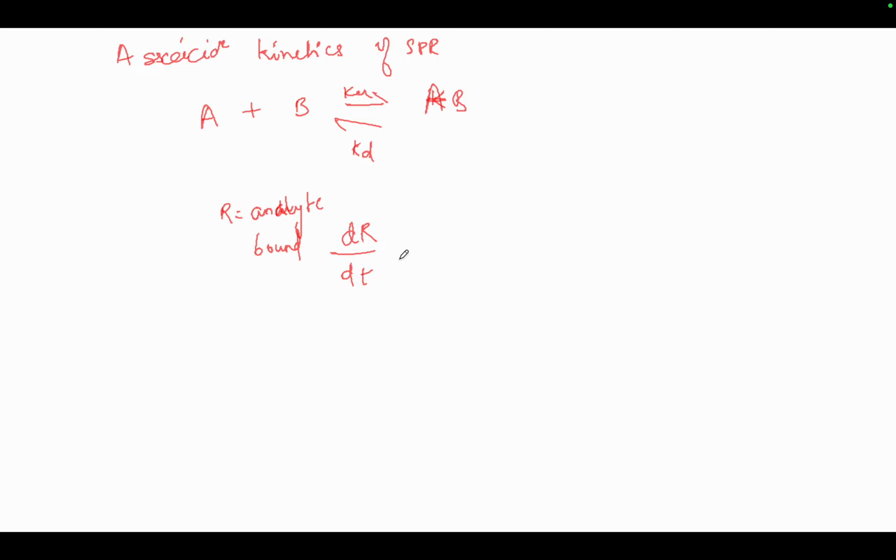So this rate of bound analyte with respect to time is given by Ka, that is the association constant, times Rmax, that is the maximum analyte bound to the biomolecule, minus R, minus Kd R. And we can also write this in terms of concentration: Ka C Rmax minus (Ka C plus Kd) R, where C is the concentration of the protein which is our analyte which is bound.